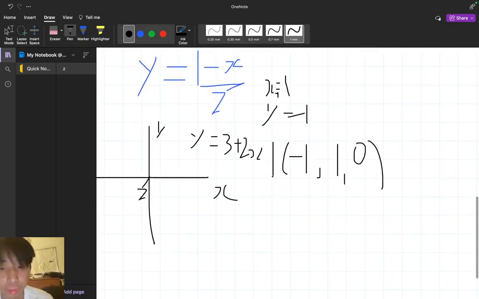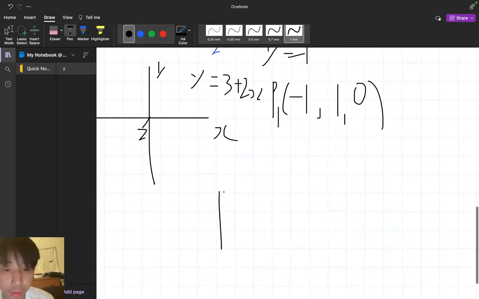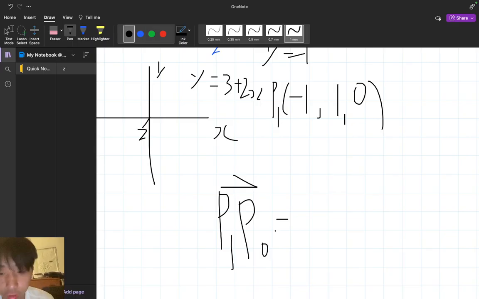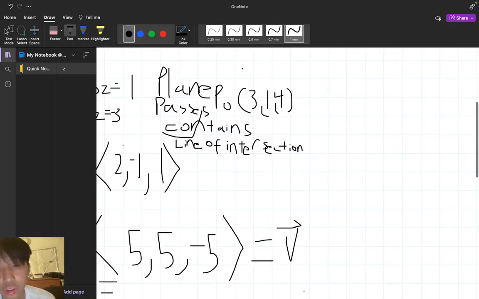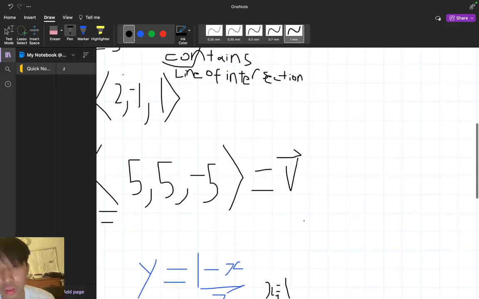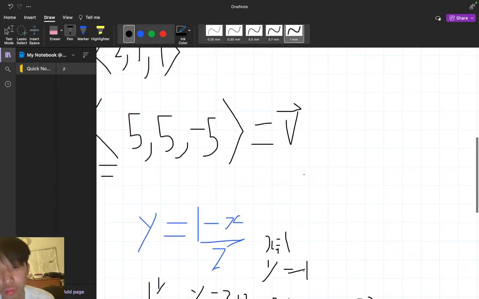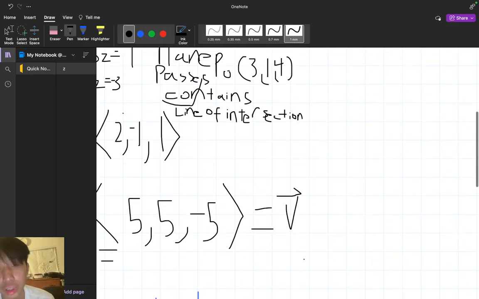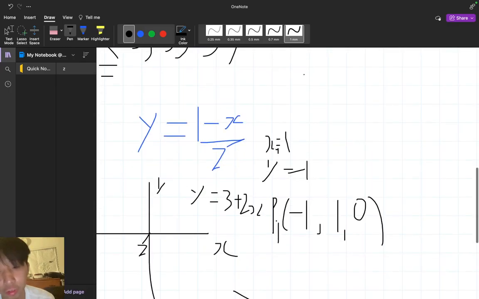So this is called P, let's call it P1. So the P0 P1 vector is equal to the distance between them. So I'll make it go from P0 to P1.